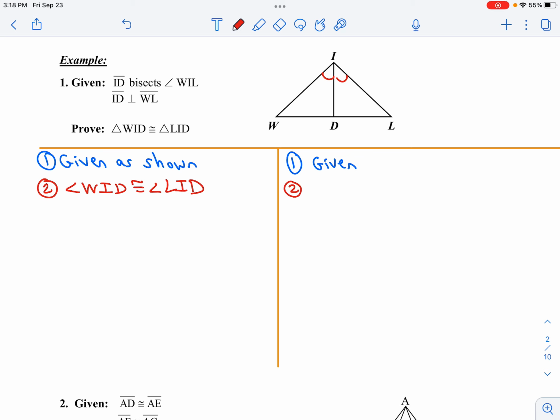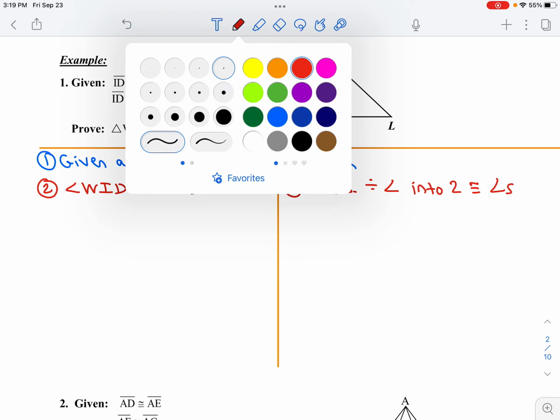For the first time ever, we'll just say angle bisector divides angle into 2 congruent angles. So with that one, we want to shorten things up for you guys because the proofs are going to get longer. So we will skip that as an if-then statement. All right, gorgeous. So that is 1 congruent statement in our triangles.